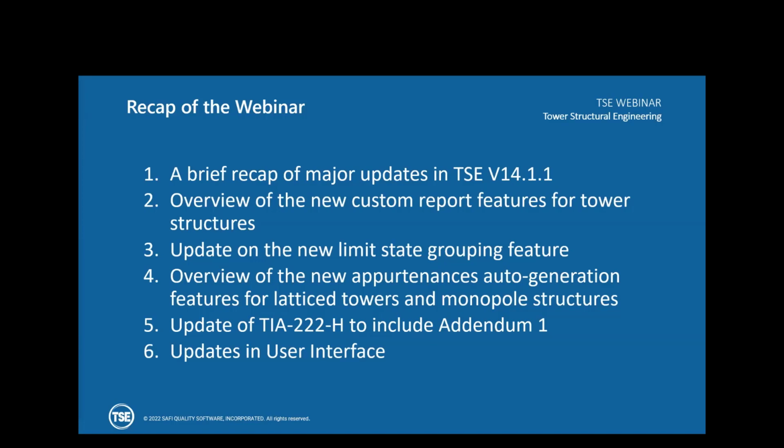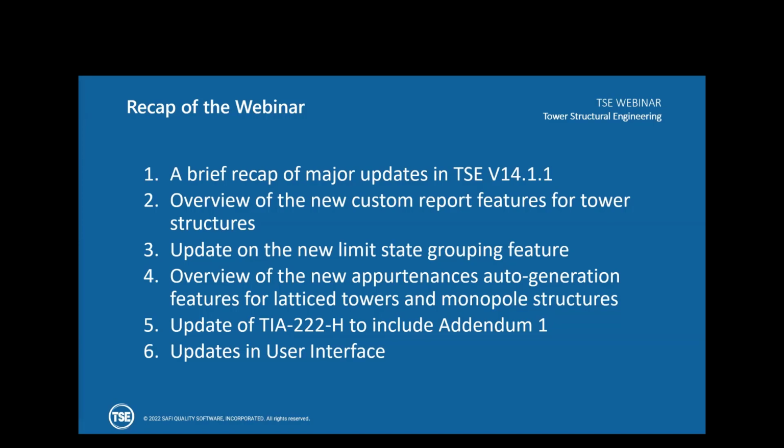And we also added the auto generation of discrete attachments, so antennas, dishes, and all different types of discrete attachments in TSE. Now you can generate them automatically, either for lattice towers or monopoles.